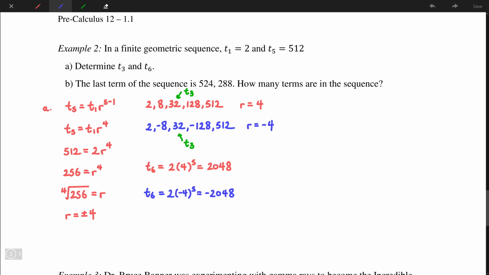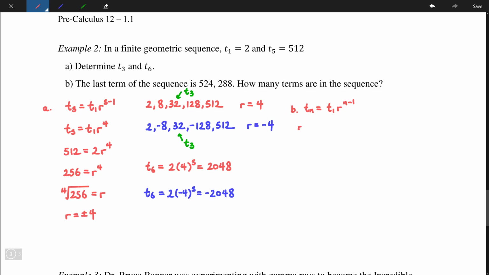All right, let's move on to part B. The last term of the sequence is 524,288. All right, so it's a little bit tricky. We're just going to write it this way: the first term and then r to the n minus 1 power, and then we can substitute what we know.